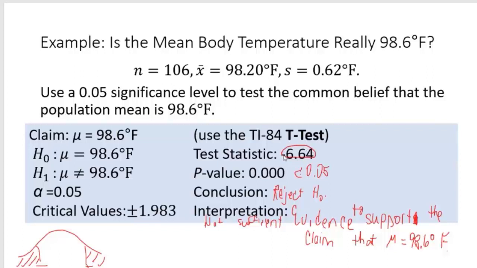So we need to place this negative 6.64 on there. If this is approximately negative 2, negative 6.64 is somewhere way to the left of that. That is definitely in the critical region, and if it's in the critical region, you reject H sub O. So we get the same conclusion and same interpretation with either the critical value method or the p-value method.